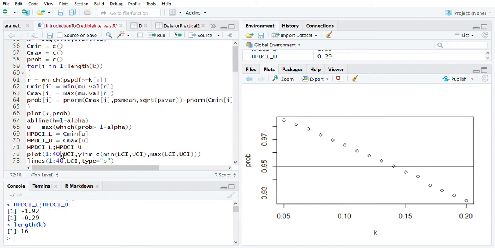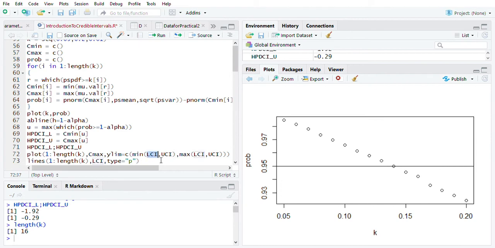So we have only 16 values. 1 to length of k. Similarly here, you can store the length in a separate variable. So instead of UCI, now what you have is Cmax, and the upper and lower limit.